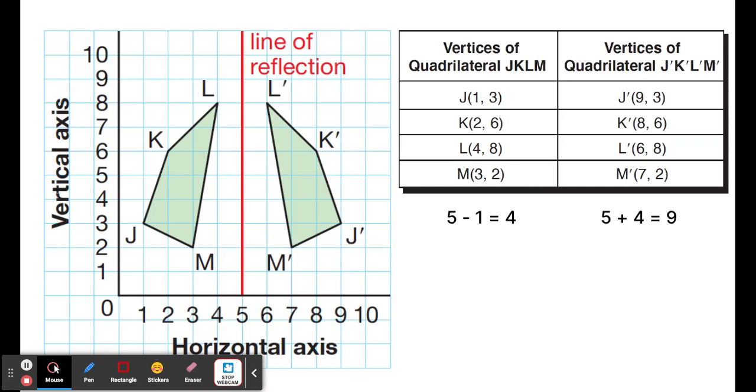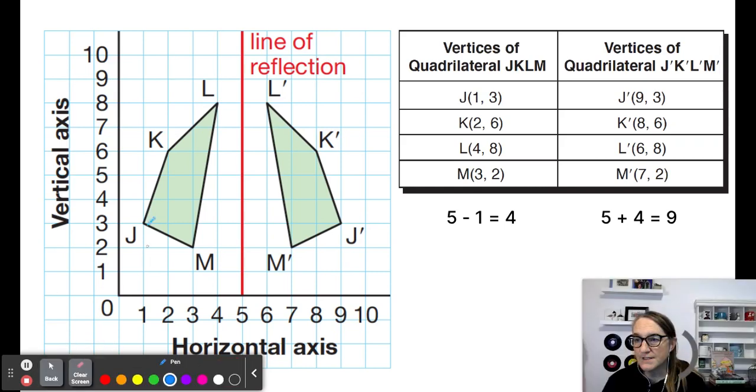So this tells us that point J, this vertex here, is 4 units left of the line of reflection. And we can check that by counting the squares. 1, 2, 3, 4.